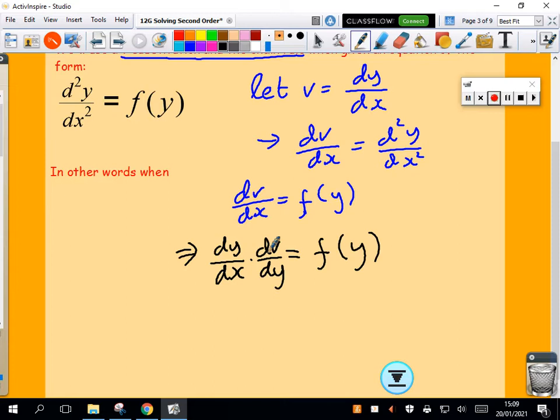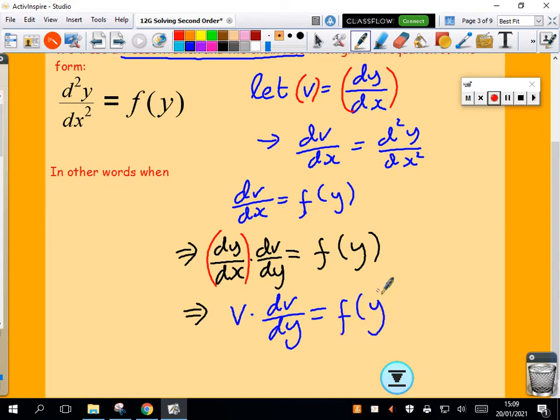Now, why is that useful? I still have three variables. Well, it's useful because v is equal to dy dx, so I can substitute a v in here. So that's going to become v times dv dy is equal to some function of y.